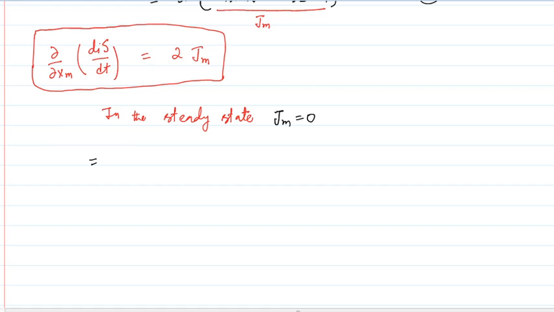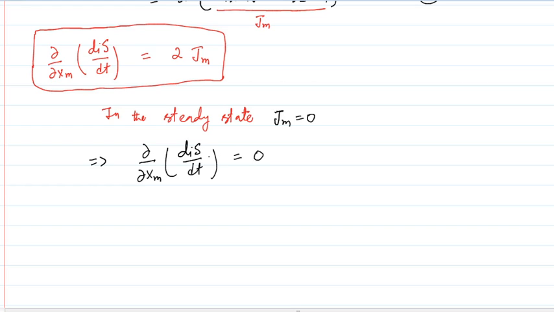That means it will imply dou upon dou xm of dis upon dt will be equal to 0. Now if the first differential of a quantity is 0, that means it is basically a stationary point. Now these stationary points are of 3 types. That means it can be a maximum, minimum, or an inflection point.